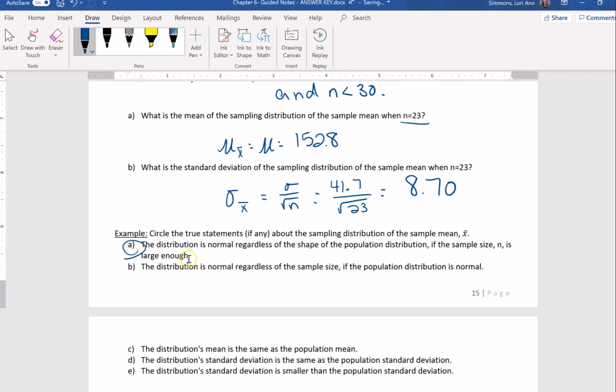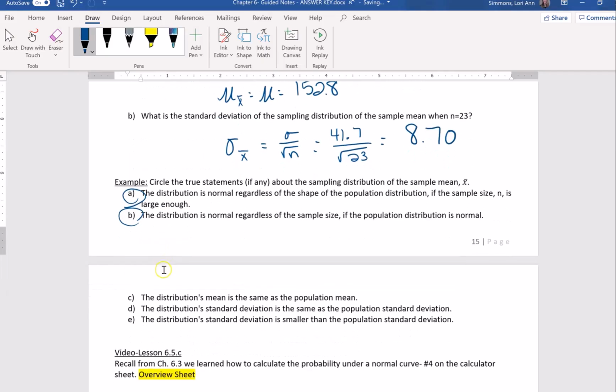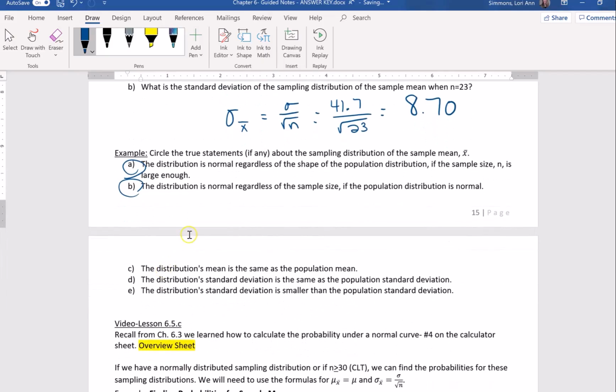Once n is greater than or equal to 30, it does not matter what the population distribution is. The distribution is normal regardless of the sample size if the population distribution is normal. That's correct. So if the population is normally distributed, the sample will also be normally distributed, and it does not matter what size it is.